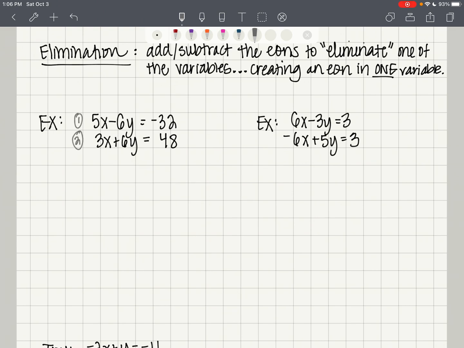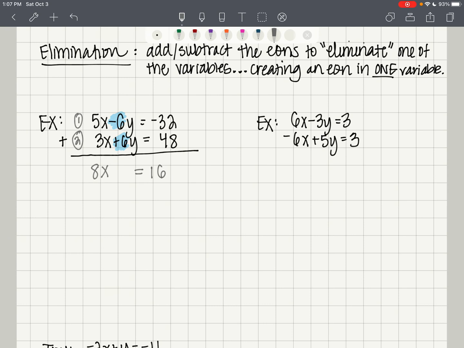If I can simply add the two equations together and one of the variables has additive inverses for their coefficients, negative 6 and positive 6 are additive inverses of one another, meaning when we add them together, if I were to add equation 1 to equation 2, I would be left with 8x equals 16. 5x plus 3x is 8x.